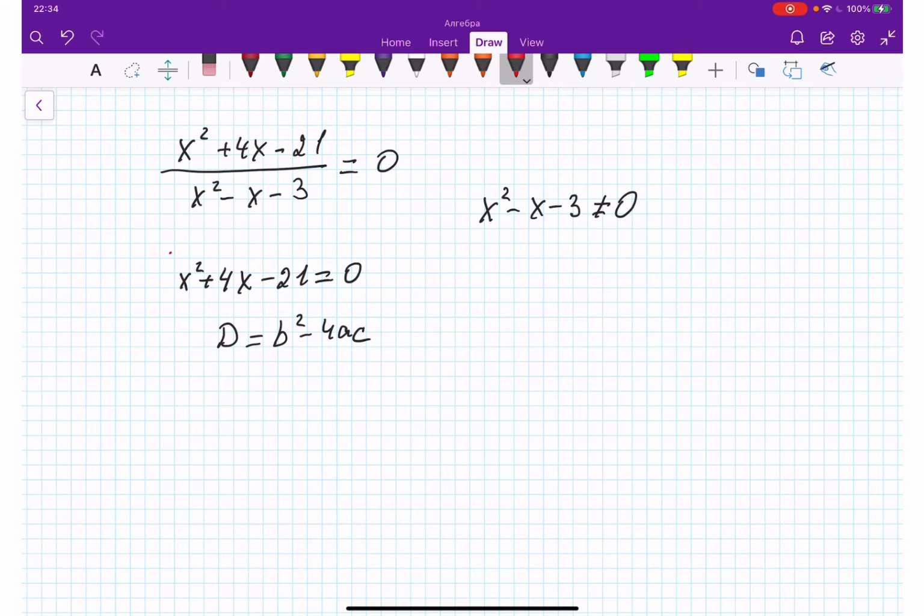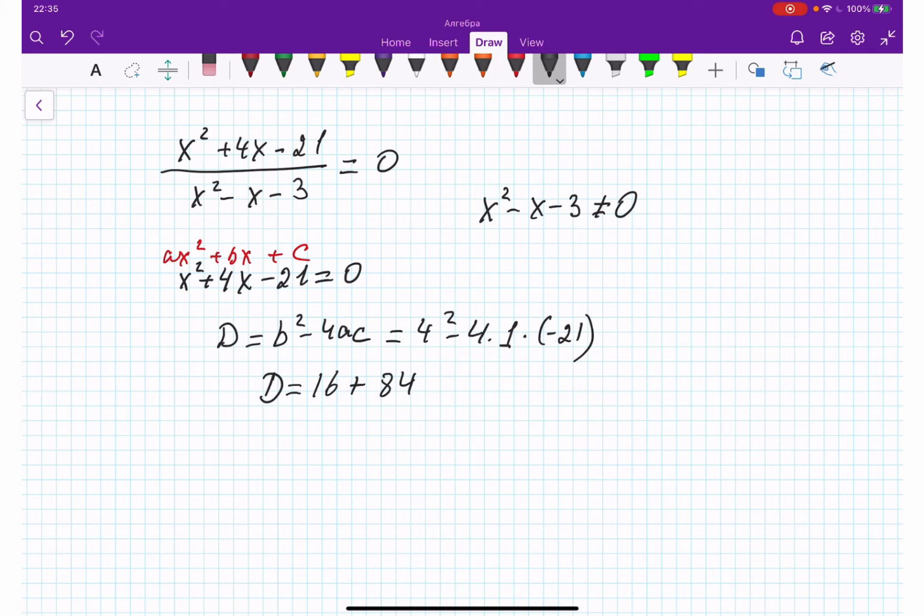And we have here ax squared plus bx plus c, so it's going to be 4 squared minus 4 times 1, where a is 1 and c is negative 21. So the discriminant is equal to 16 plus 84, which is 100, which is greater than 0. So we have two solutions.